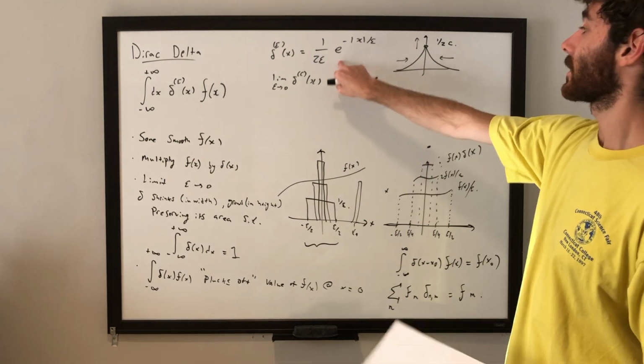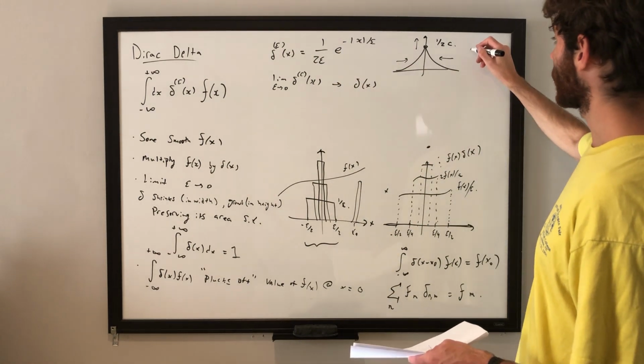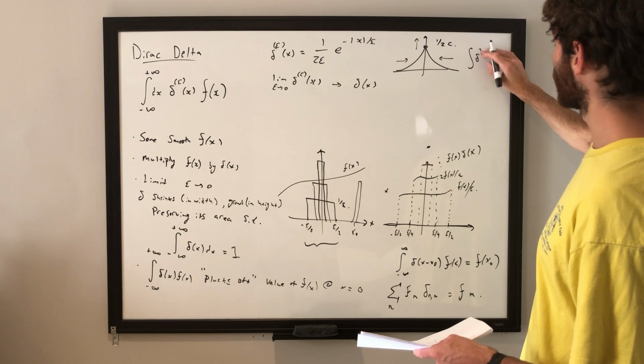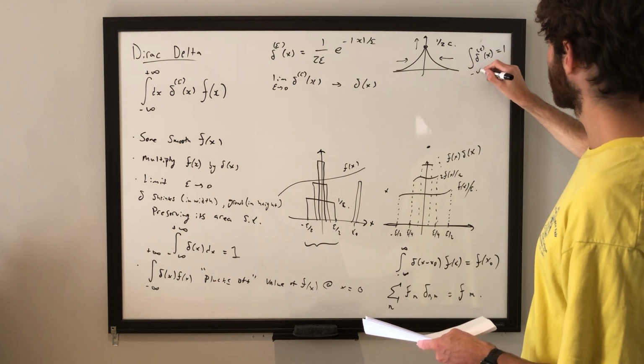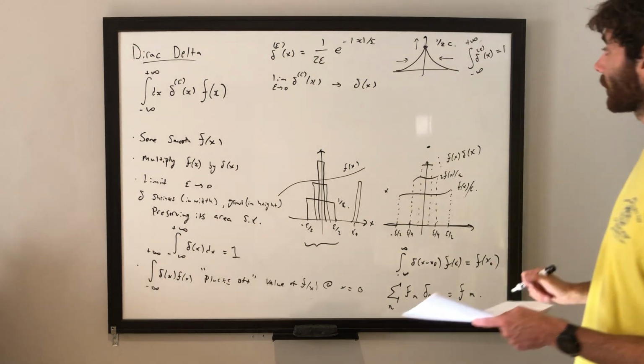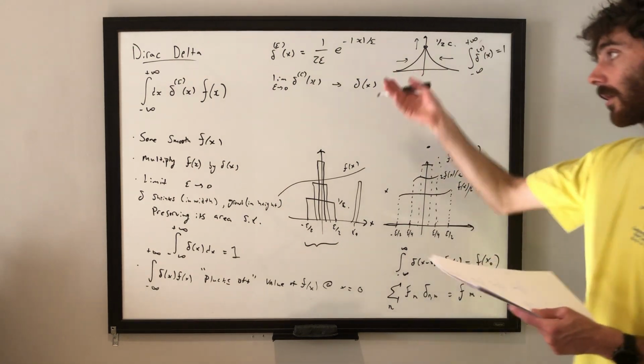And this is normalized such that the integral of delta epsilon of x is 1. This is how all of these are constructed.